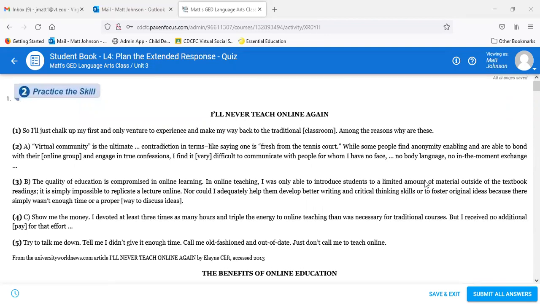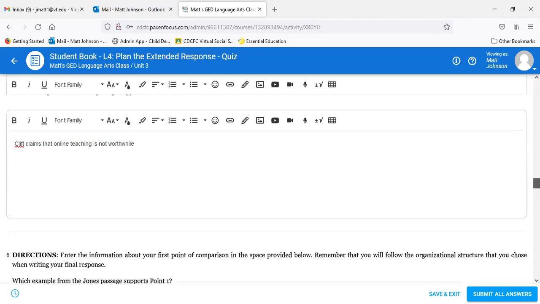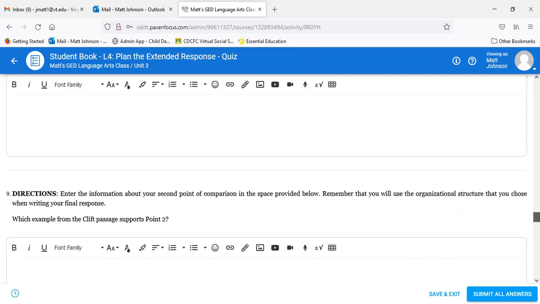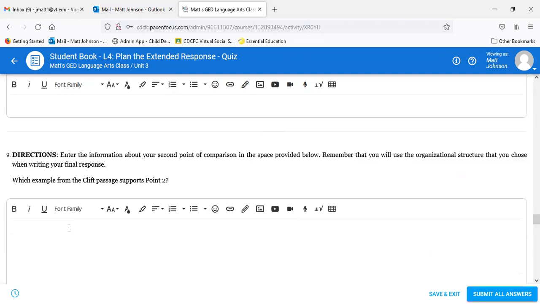So, we can put that, hard to communicate with faceless people, or how she put it. You're going to be using your own words. You're going to be paraphrasing some. You don't want to quote a whole lot from the passages. You want to use your own words.